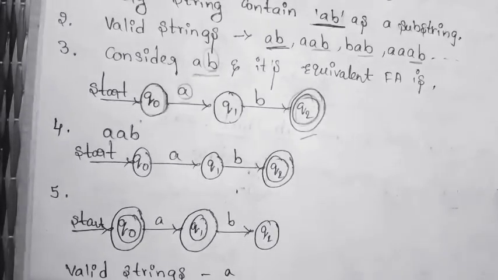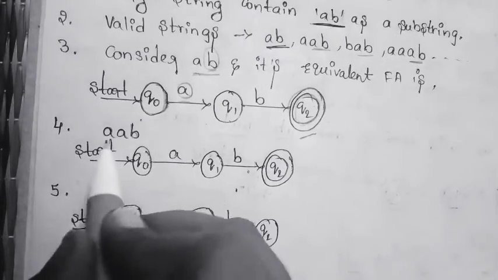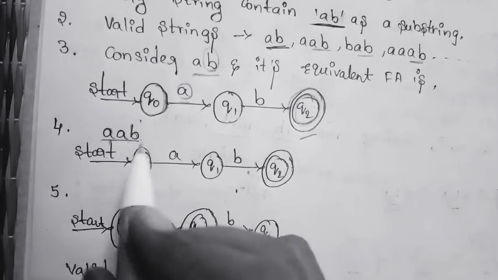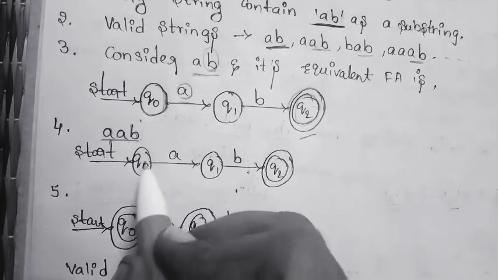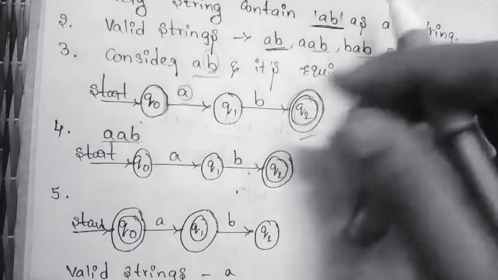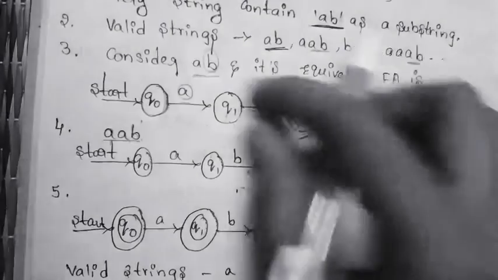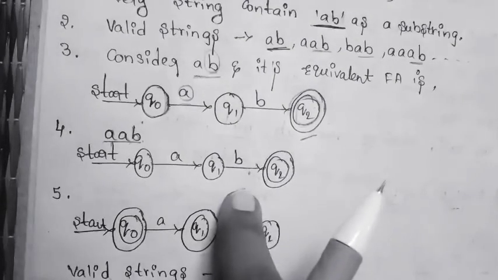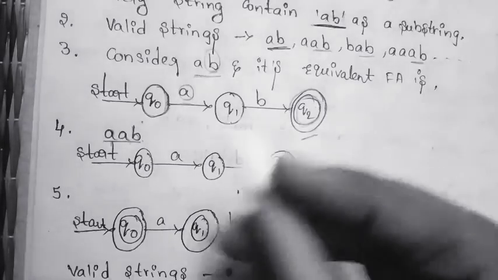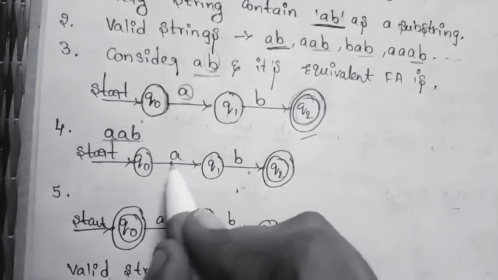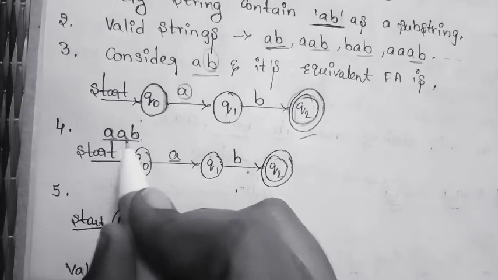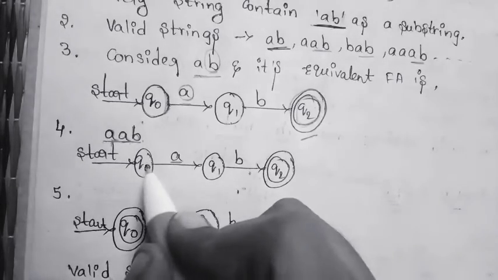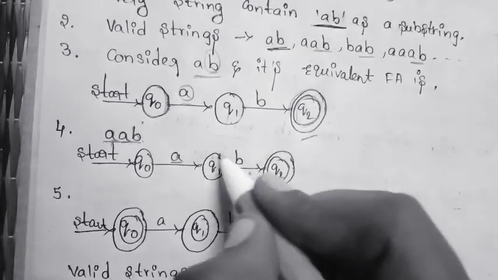Then let's take another string, AAB. We need to write the same states and the same finite automata here also, then make some changes to it. A is the input symbol, and we have A again. That means for Q0 we have A. What about Q1?